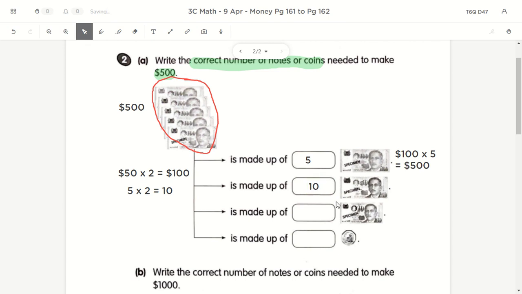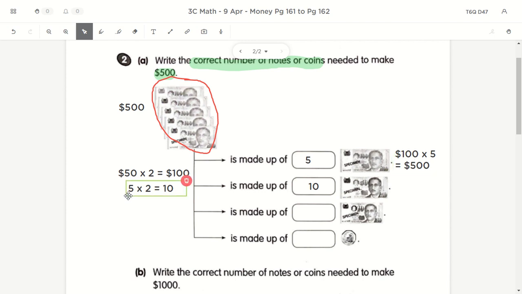Okay, let me just rewind and then repeat everything that I've said so far for 50. I know it's a bit difficult to see for 50 because it's not something you can count. There's nothing for you to count here. So let's go step by step. I know 500 is 5 groups of $100 notes. And to make a $100 note, you need two $50 notes. So I know there are 5 groups of 100, so 5 over here.